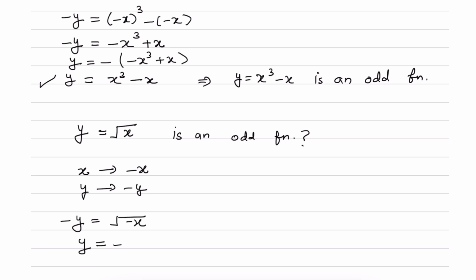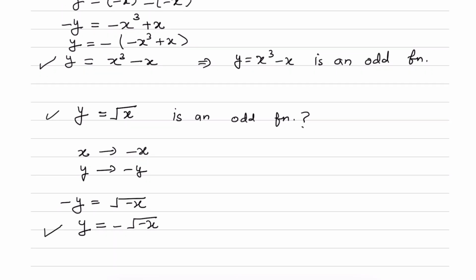After simplification, it gives us minus on the other side. So we started with y equal to square root x and we got y equal to minus square root of minus x. Since this minus inside the square root cannot come out, we got a different graph. We will say that y equal to square root x is not an odd function.